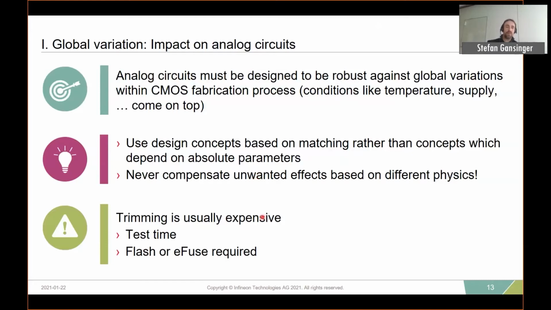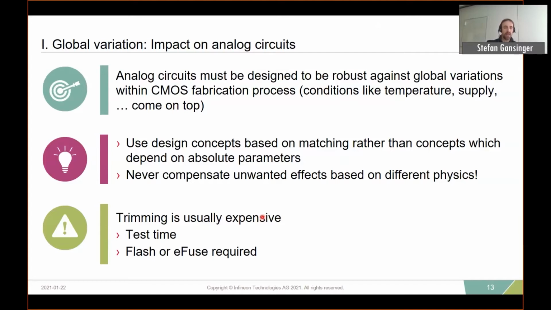Of course, what can be done is trimming. Trimming is a measure to define a certain output. So for instance, if we want to have a defined bias current, we can measure it on the tester, and by using a DAC, we adjust the current to a value what we want to have.